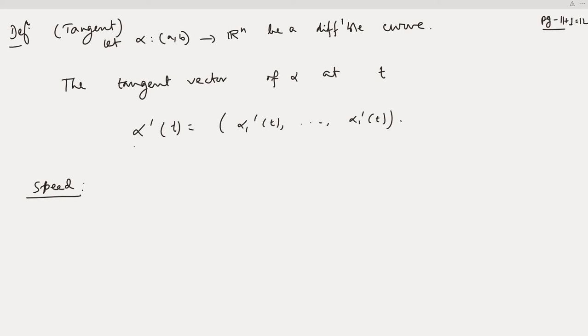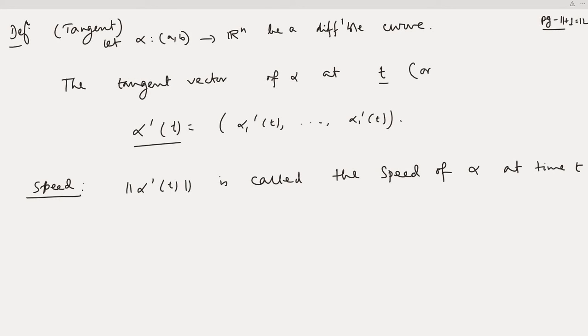The norm of this tangent vector alpha prime of t is called the speed of the curve alpha at time t. So the tangent vector of alpha at time t, or at the point alpha of t.